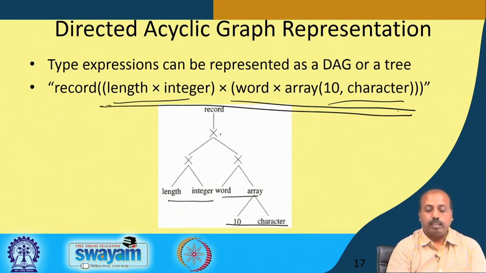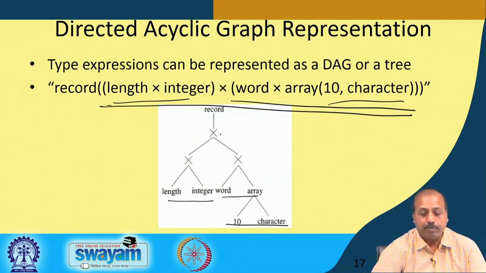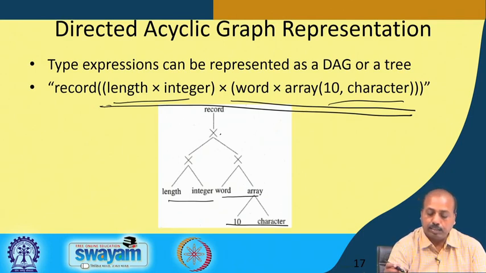That is the record. In this way we can have a tree type of representation for this particular declaration. There can be a directed acyclic graph also, like if at the lowest level, instead of being a character, this may be an integer.